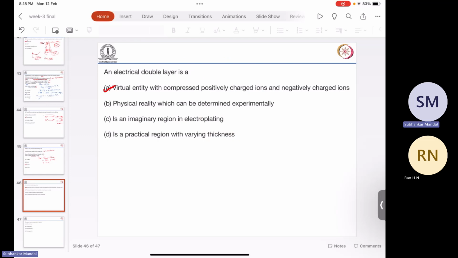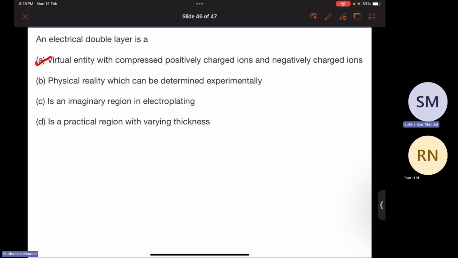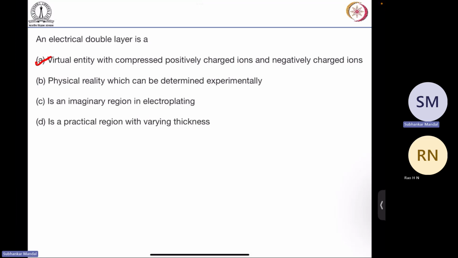Because we do this in electrochemistry also, at the electrode-electrolyte interface, how the ion comes to the electrode surface and what is the length of that electrochemical double layer is quite difficult to determine, because that length can change with different types of electrolyte. Suppose you have taken KNO3 and another you have taken KCl or NaCl, then in both cases the ions are different, so the properties will be different and the solvation sphere also differs.